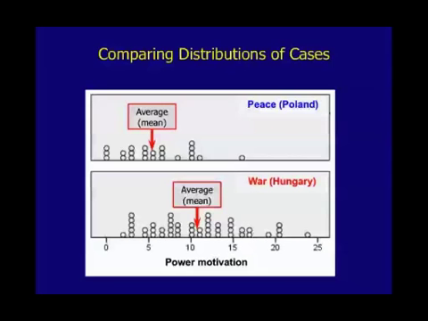Here's an example from the two crises that we are studying. Each circle represents the score of one document. And if we look at how the documents and their circles are spread out over the range of power motivation scores, we can see that, yes, the war crisis does seem to have a higher average than the peace crisis.